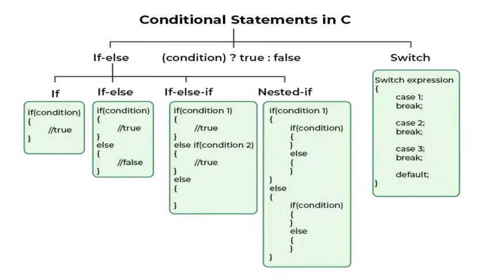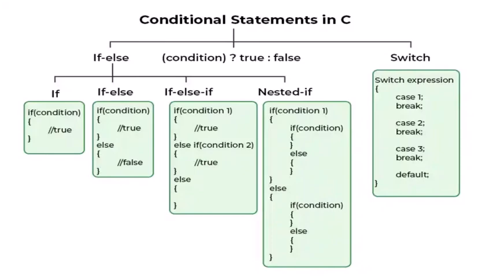The switch statement is a multi-branch selection statement used to execute one block of code among many based on the value of a variable or expression. It is most useful when you need to compare the same variable to several constant values like numbers or characters. Key points of switch statements: the expression inside switch must be an integer, character or enum type in C or C++.